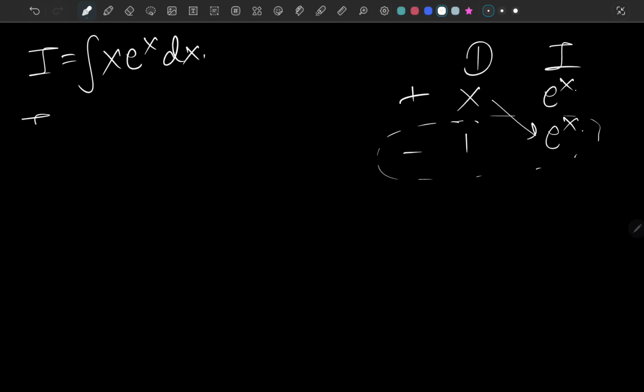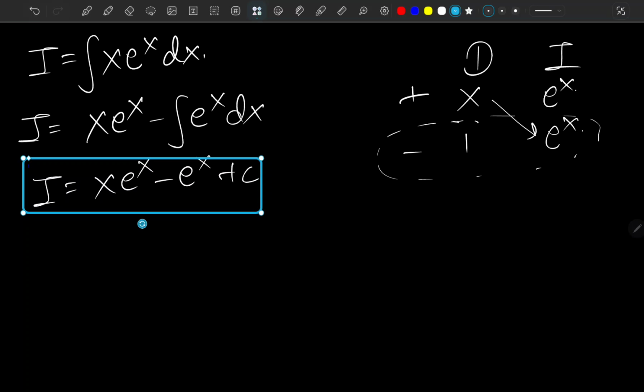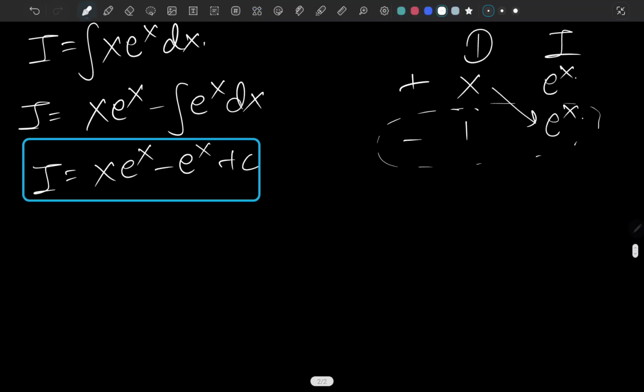So basically I is x times e to the x minus integral e to the x dx, and that is x times e to the x minus e to the x plus c. That's it. And now you would ask me, what's so special about this integral that you made a video on this? Just wait for the moment.